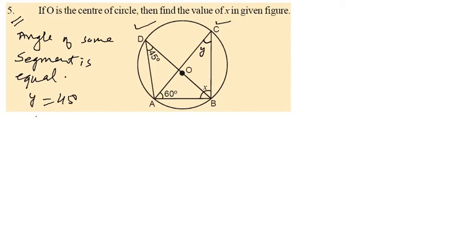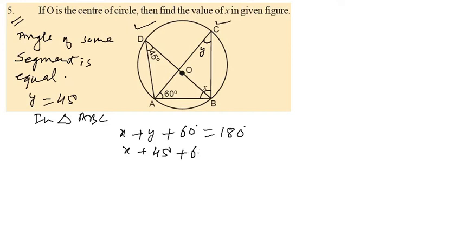Now in triangle ABC, the angle sum is 180 degrees. So we can write angle x plus angle y plus 60 degrees is equal to 180 degrees. Put the value of y: x plus 45 plus 60 degrees is equal to 180 degrees.